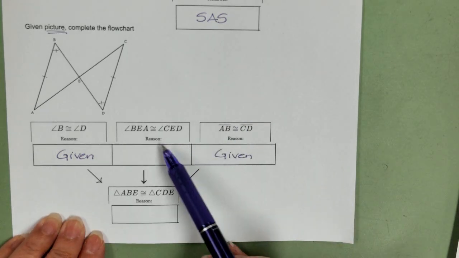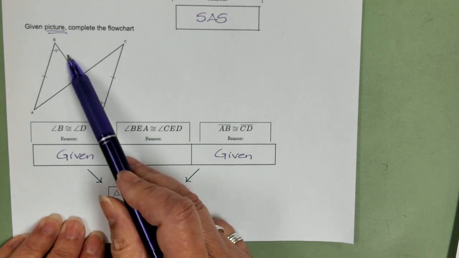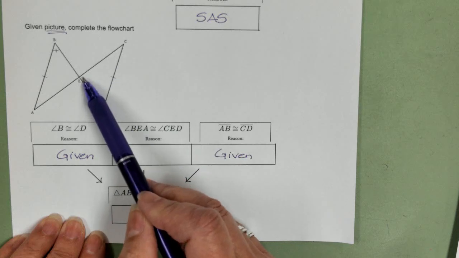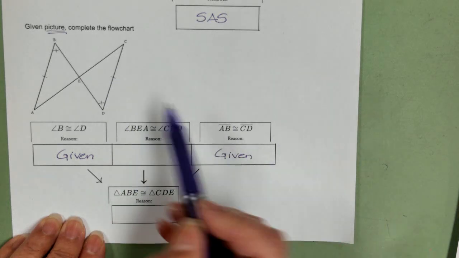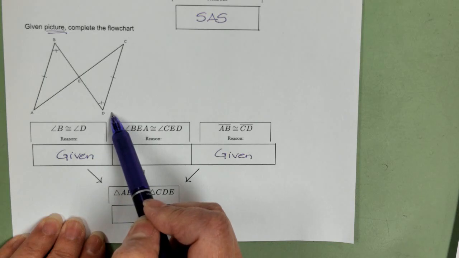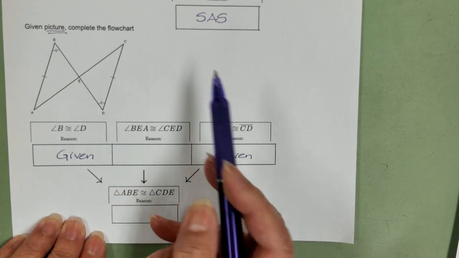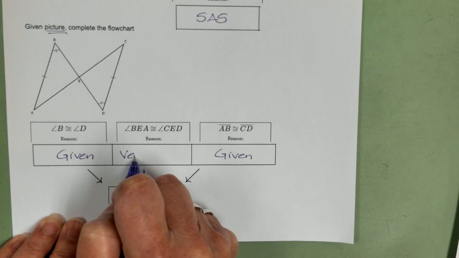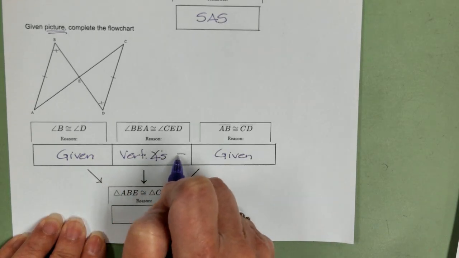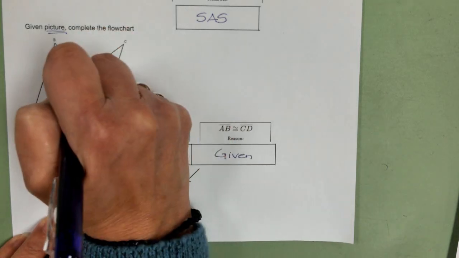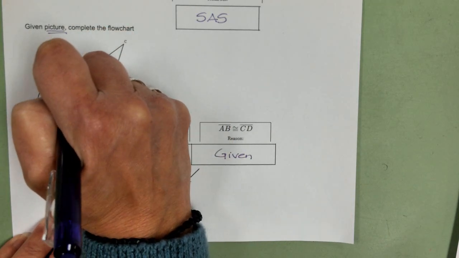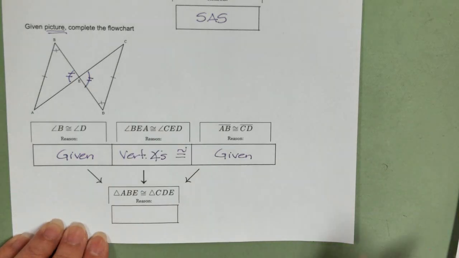Okay. Now I want to look at angle BEA and angle CED. Notice they're formed by intersecting lines. That means they are vertical angles, and vertical angles are congruent. So again, I'm going to mark those angles.